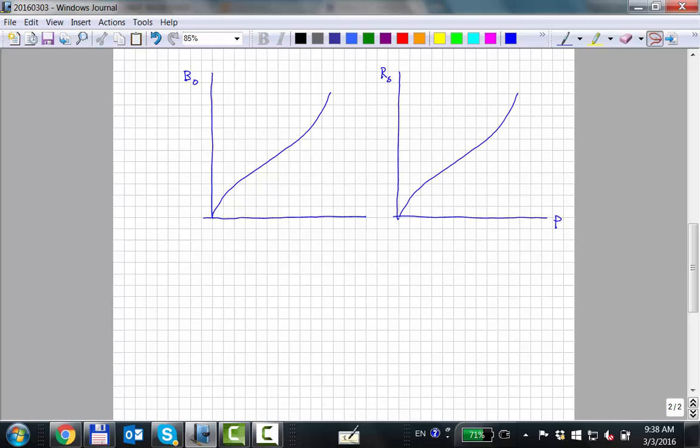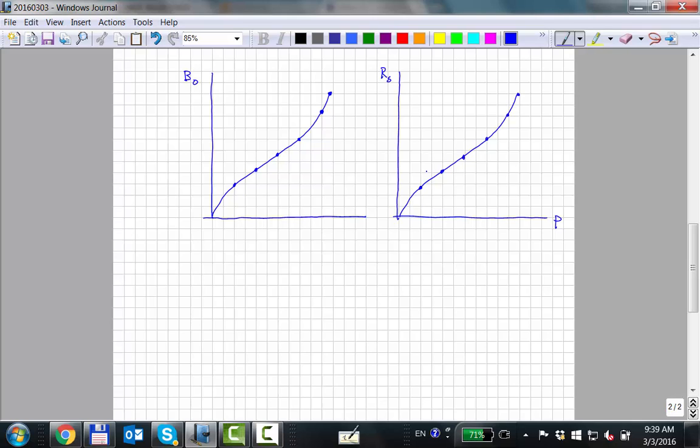So these are the values that were in our table. So this is our saturated table.